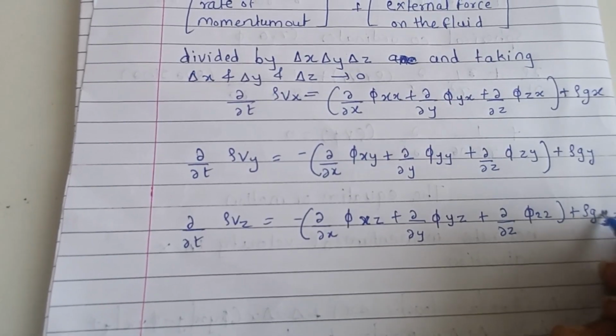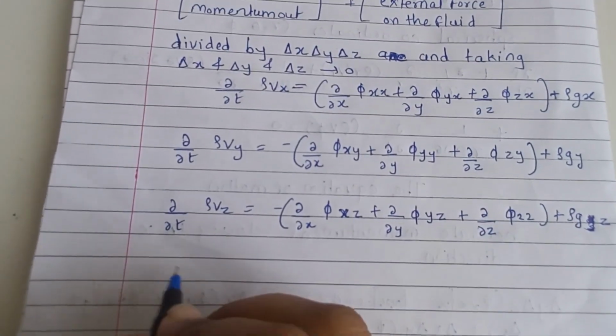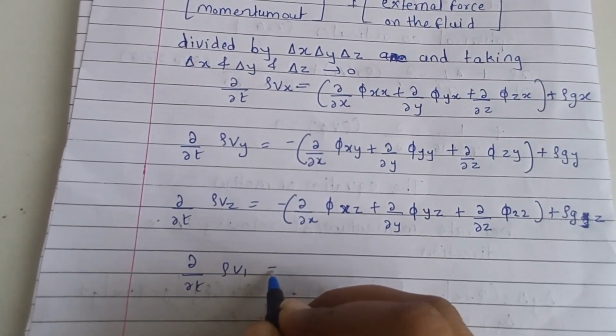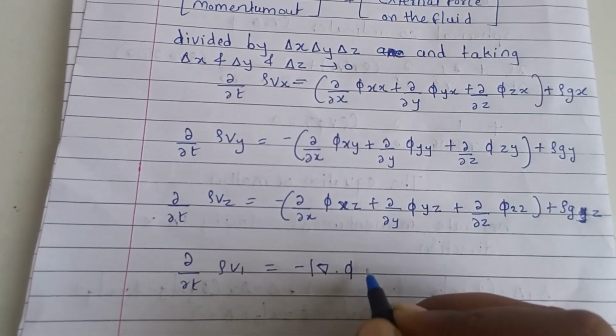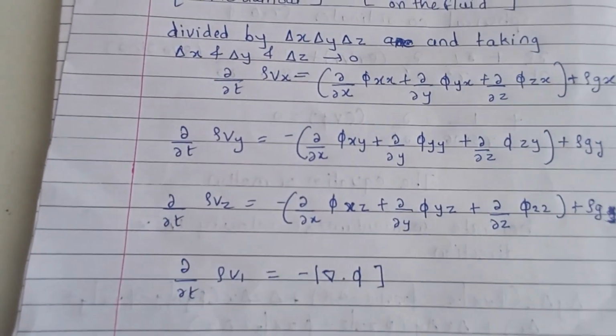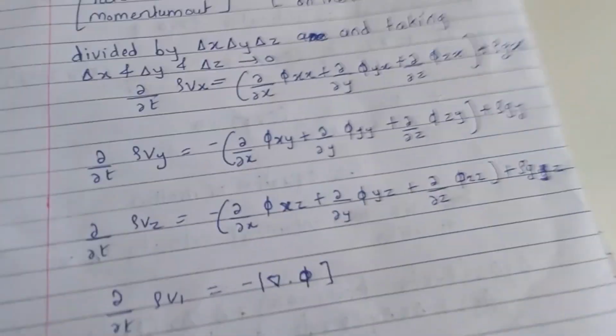Here, the difference is that in place of velocity, the flux term is introduced. We have already seen in the earlier case, in the equation of motion, that we consider velocity, and here we consider momentum, so flux is in the picture.